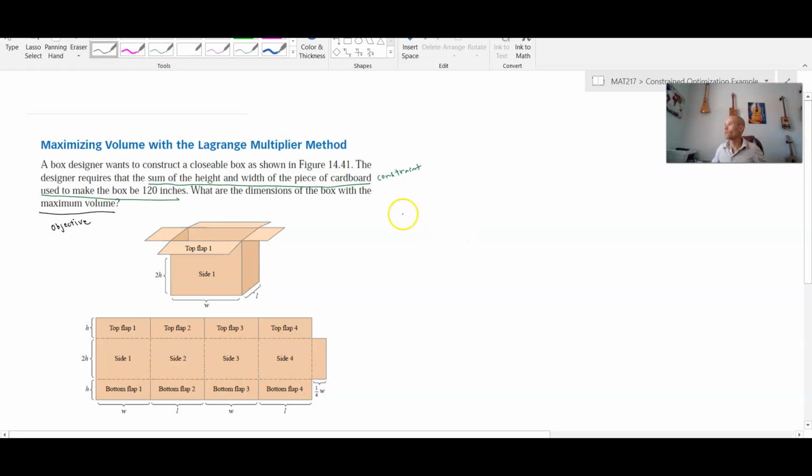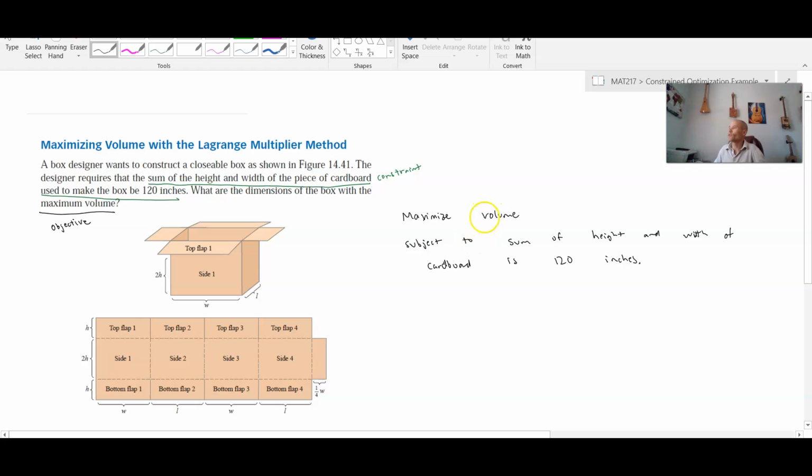So we want to maximize, I'm going to write this out just in words, maximize volume subject to the sum of height and width of cardboard is 120 inches.